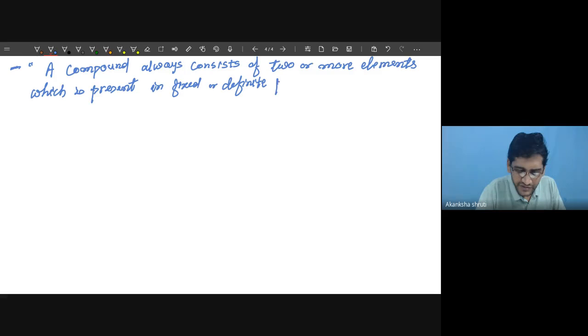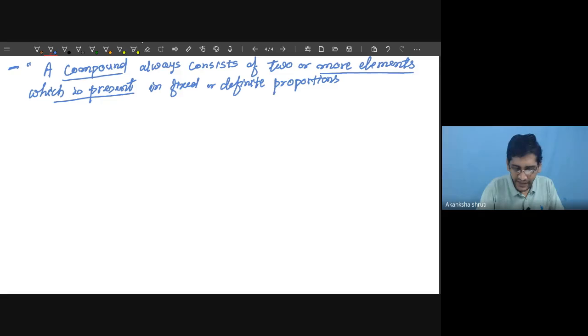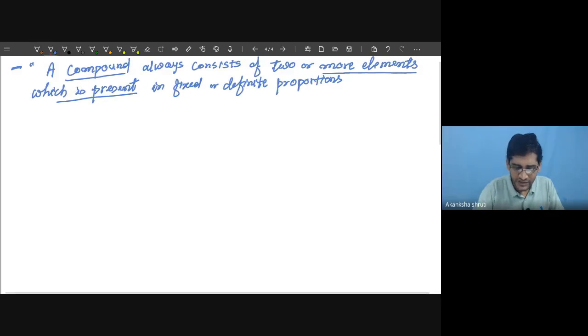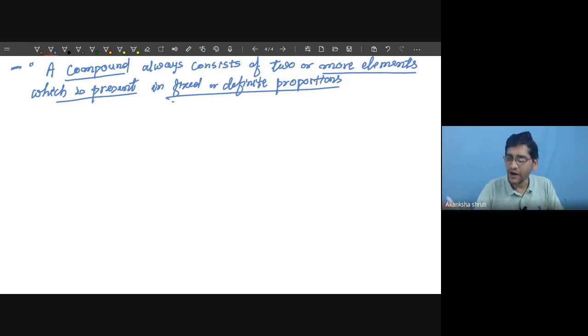Ratio is sometimes called proportion, so in definite proportion. So the compound always consists of two or more elements, and these elements have to be present in a fixed or definite proportion, irrespective of whatever method you are using to obtain that compound.